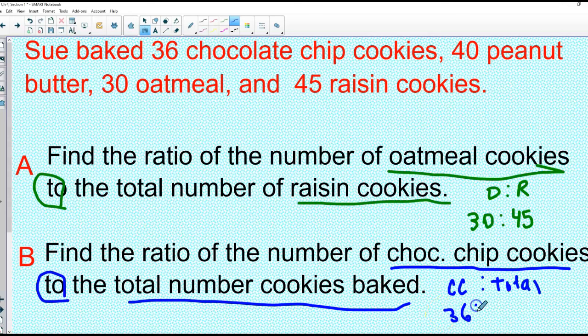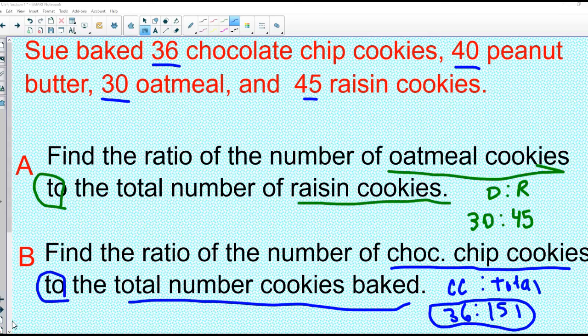But now we need a total number of cookies baked. I don't see anywhere in the statement where it says a total number baked, but we can figure it out, right? If we add all of these together, we should be able to figure out how many total cookies were baked. If I add all those up, I would see that there was 151 cookies that were baked. So my ratio is 36 to 151.